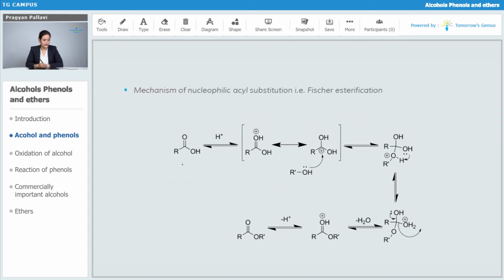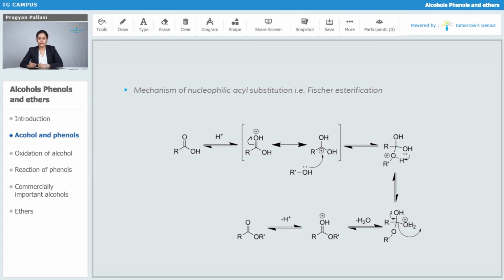When we are having this acid, upon protonation, it is going to protonate this carbonyl group, and then the alcohol group is going to attack this carbocation. So we will be having this positive charge at this carbon, and then we will be having this protonated OR here. The lone pair of this nearby OH group is going to take this H and it will form OH2+.